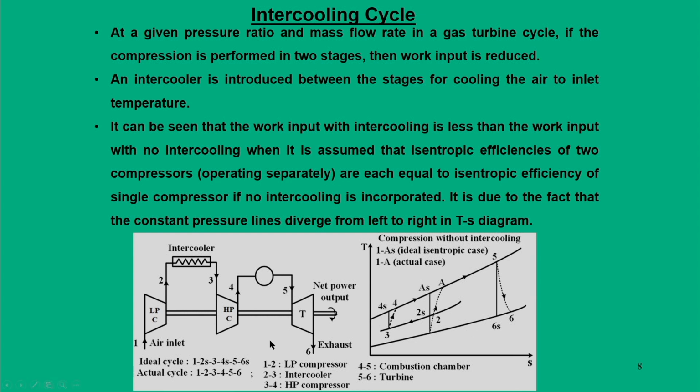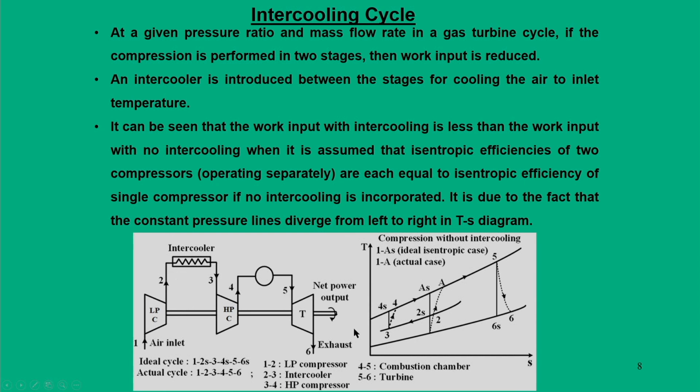Now, let us see how an intercooling cycle operates. Here we have two compressors, a low pressure compressor and a high pressure compressor, coupled with the turbines, and the entire power for both compressors comes from the turbine. There is an intercooler between 2 and 3.